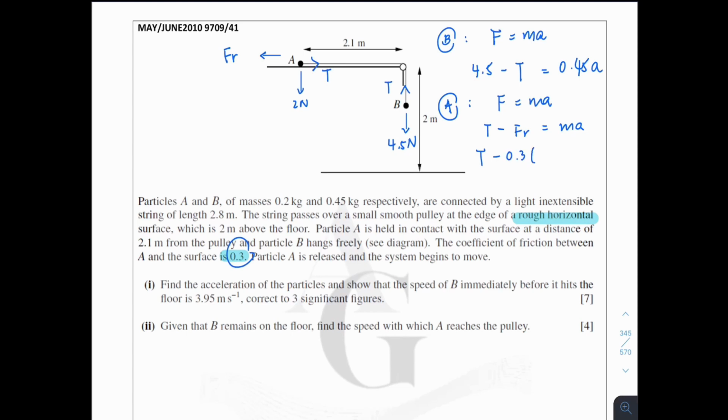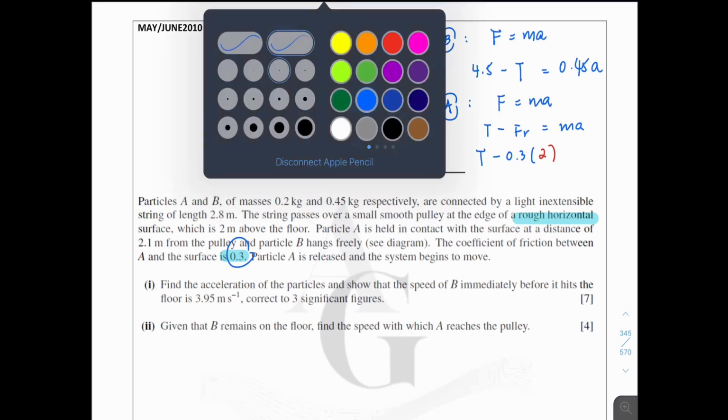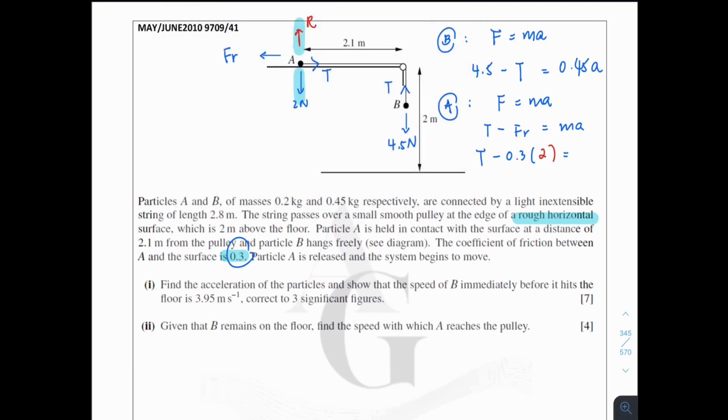And the R, okay, what's the direction of the R? The R should be in this direction. So here, R should be equal to 2 Newton. And equals ma. The m is 0.2, so 0.2a.